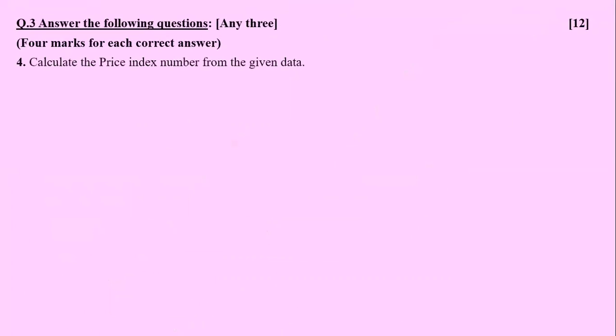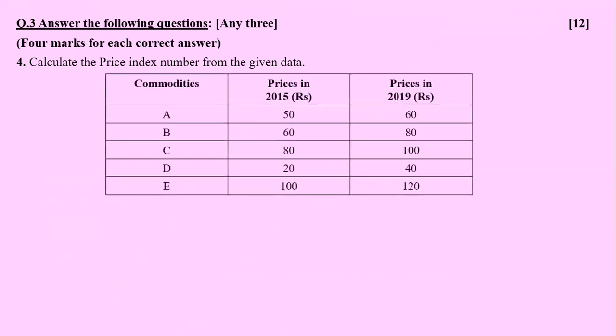See the next question. Calculate the price index number from the given data. See the schedule. The schedule is about commodities, prices in 2015 in rupees and prices in 2019 in rupees. Commodities A, B, C, D and E. Prices in 2015: 50, 60, 80, 20 and 100.